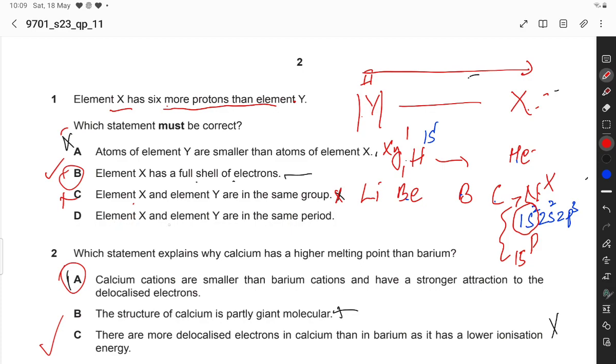And element X and Y are in the same period? Hydrogen is 1 and nitrogen is in the second period, so that's why this is also incorrect.